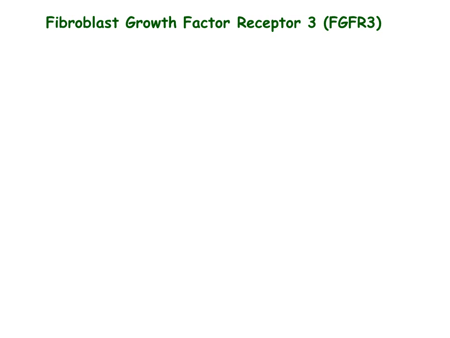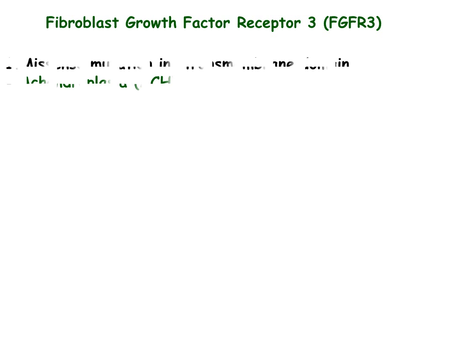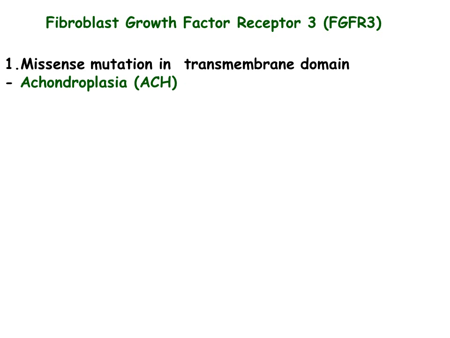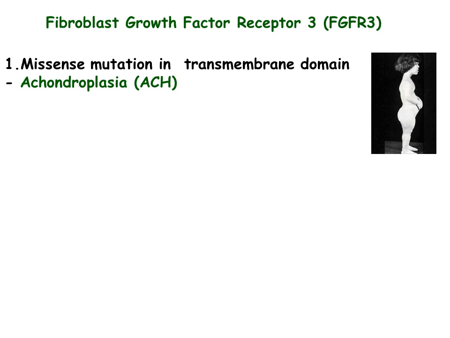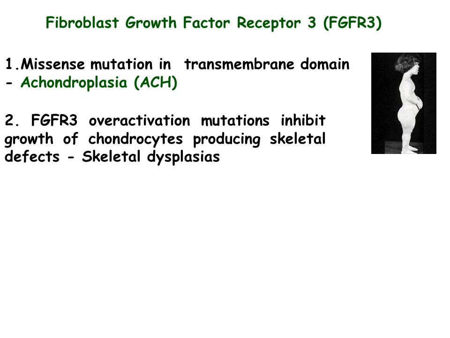So let's look at fibroblast growth factor receptor 3. A missense mutation in the transmembrane domain, and you get achondroplasia, otherwise known as dwarfism, but we don't like to use that anymore. And then the overactivation mutations inhibit growth of chondrocytes, producing skeletal defects. So they get things like skeletal dysplasias.